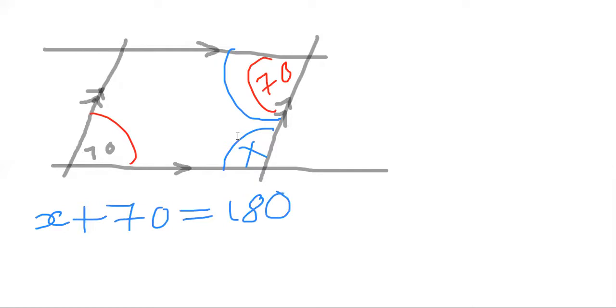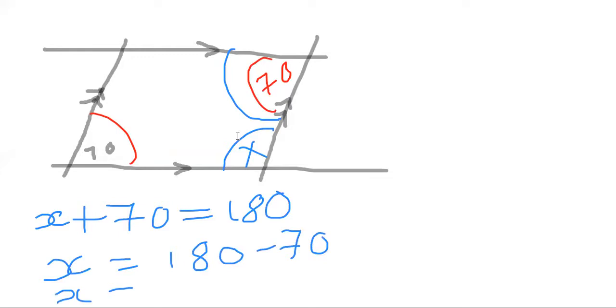You can see parallel lines on both pairs. So it implies that x equals 180 minus 70, which tells me that x equals 110. So it is 110 here, and also here it is 110.